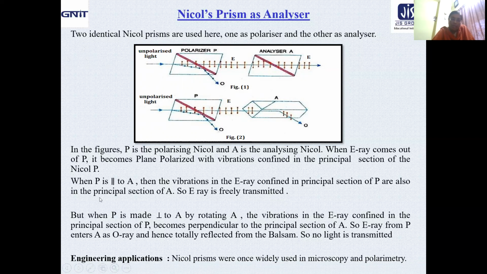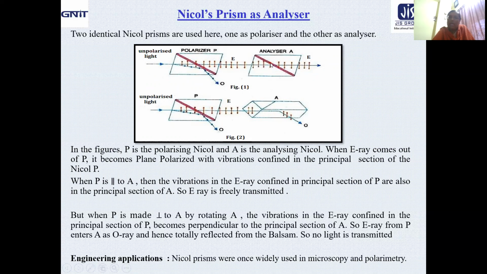Now, in the first case, when P is kept parallel to A, the E ray having vibrations in the principal section of P will definitely have vibrations again in the principal section of A when it enters inside the analyzing Nicol A. Naturally, it will come out as E ray freely by transmitting through refraction.